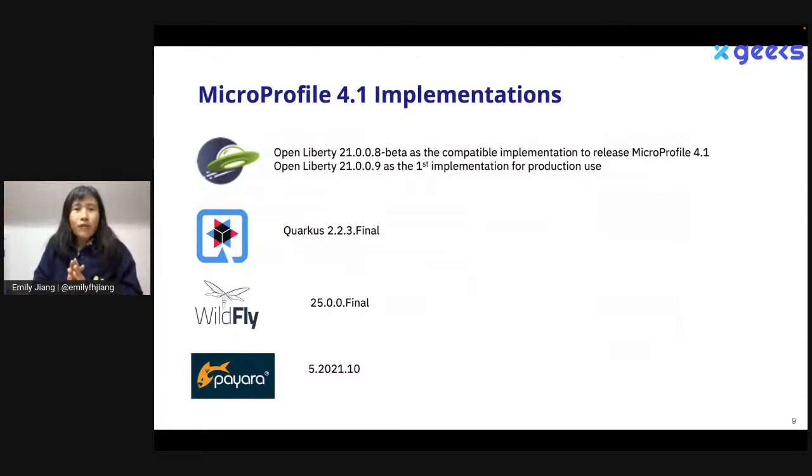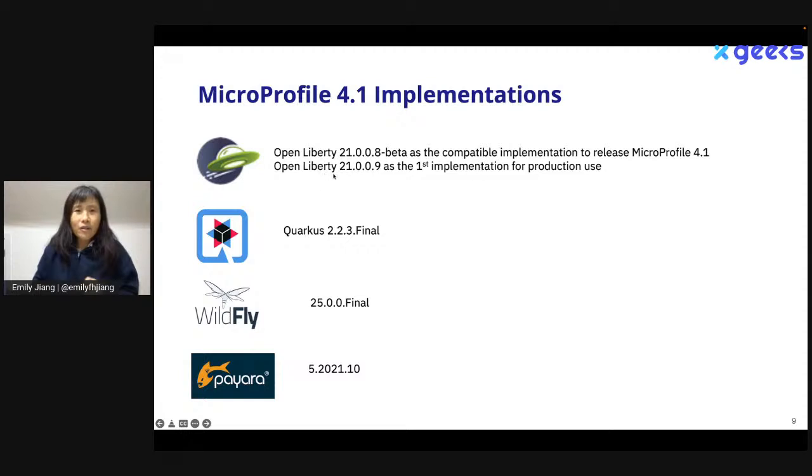So for the MicroProfile 4.1 implementation, since 4.1 cannot be released without a compatible implementation, we used OpenLiberty 21.0.8-beta as a compatible implementation. It passed all of these 8 MicroProfile specification TCKs.